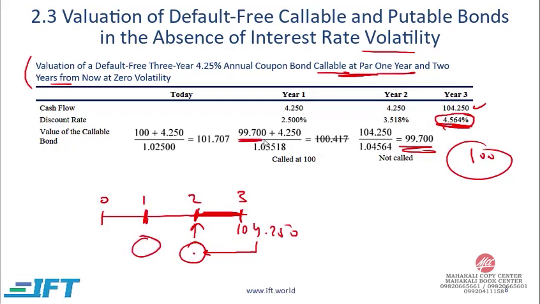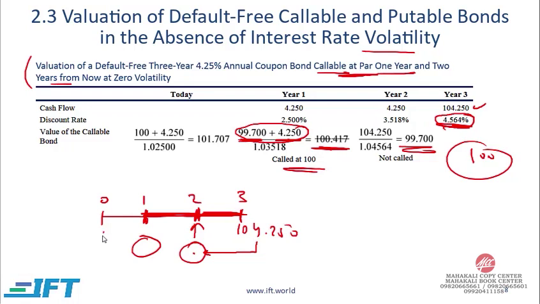What we do is take 99.7, add the coupon. So we have this number which represents the value over here, end of year 2, and discount back at this forward rate. This forward rate is 3.518%. When we do that discounting, we get a number that is larger than 100, which means that the bond will be called, and it will be called at 100.